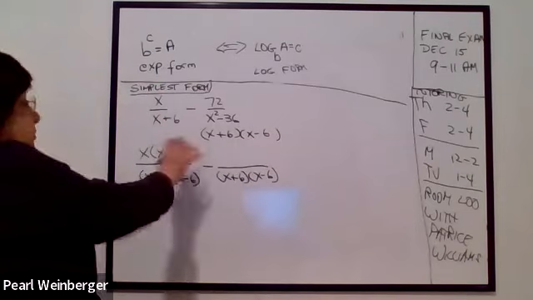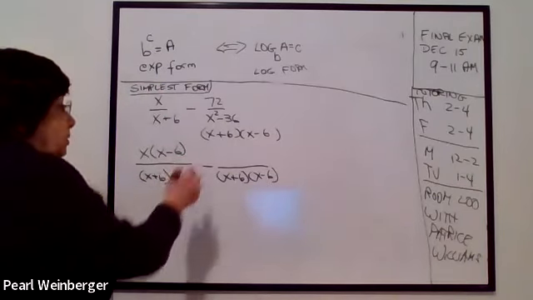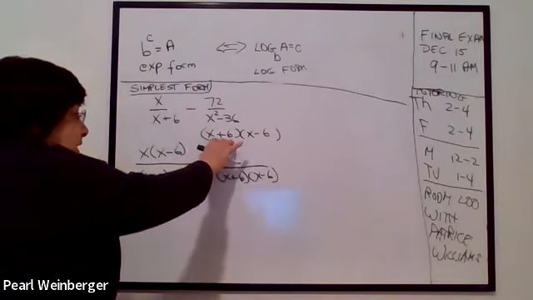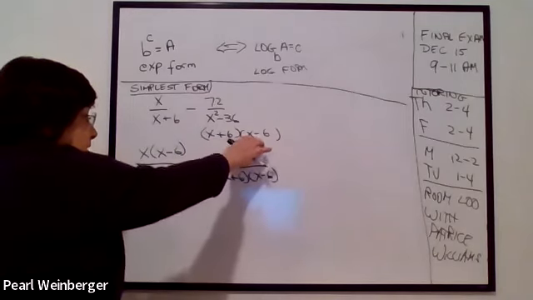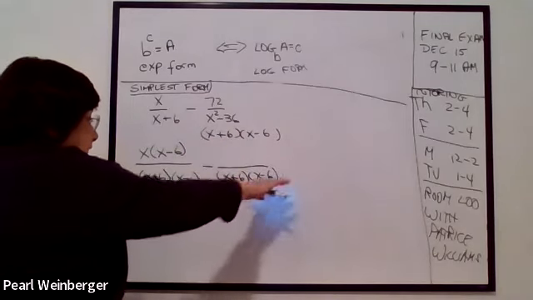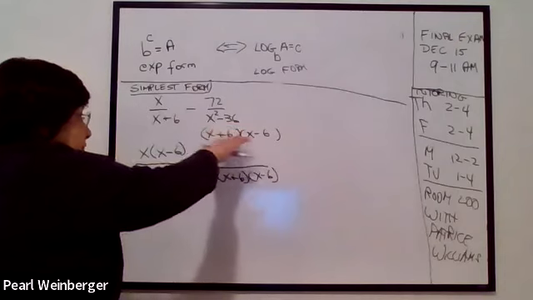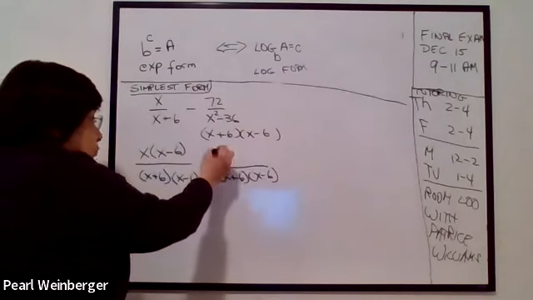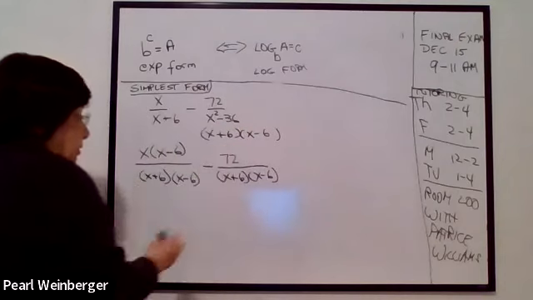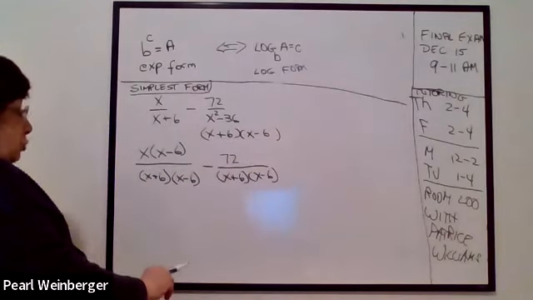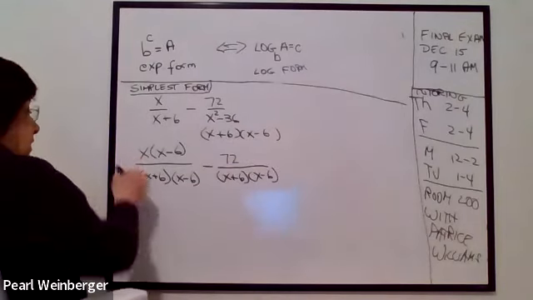Okay, and I'm going to have to simplify it, but I'm just figuring out what to do. In my second fraction, I have the x plus 6 and the x minus 6. I haven't changed my denominator from the original, so I don't have to do anything with the numerator. So I leave it 72. What does that give me?